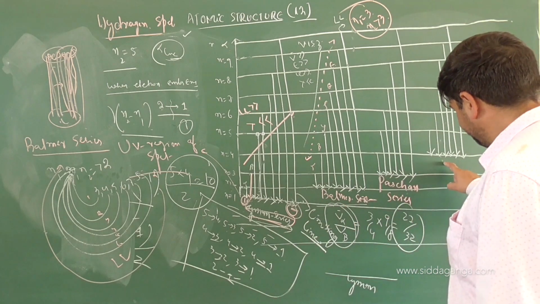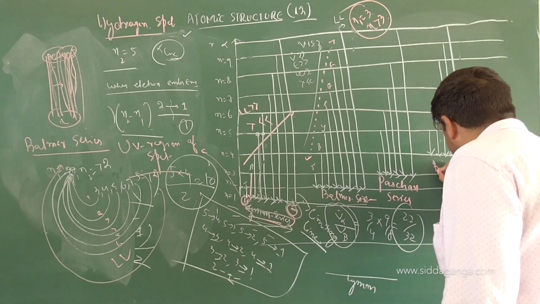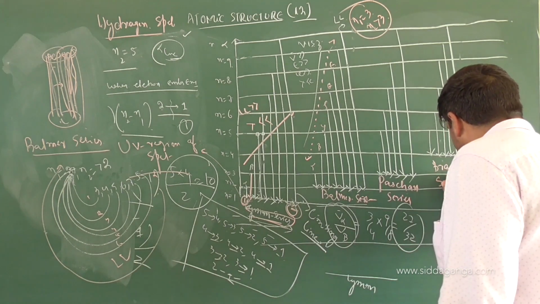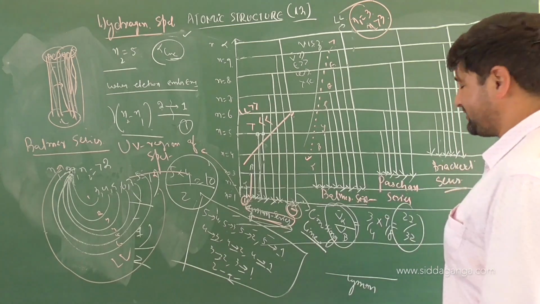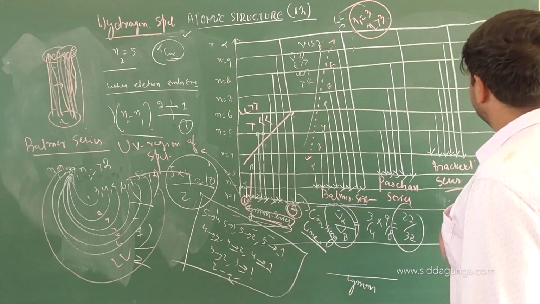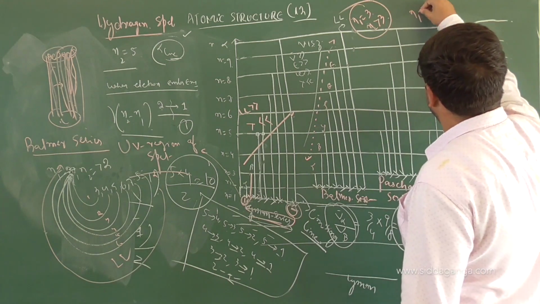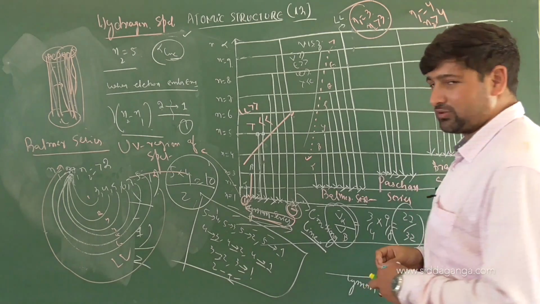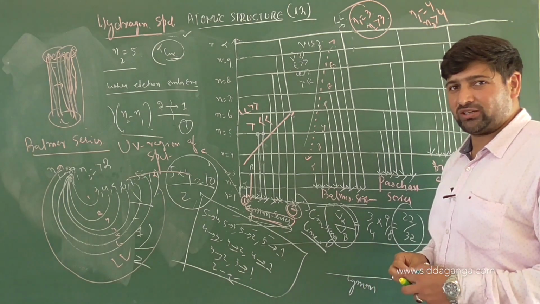This one will be Brackett series. So in Brackett series, what is N1? 4. What is N2? More than 4. Which series we have got?